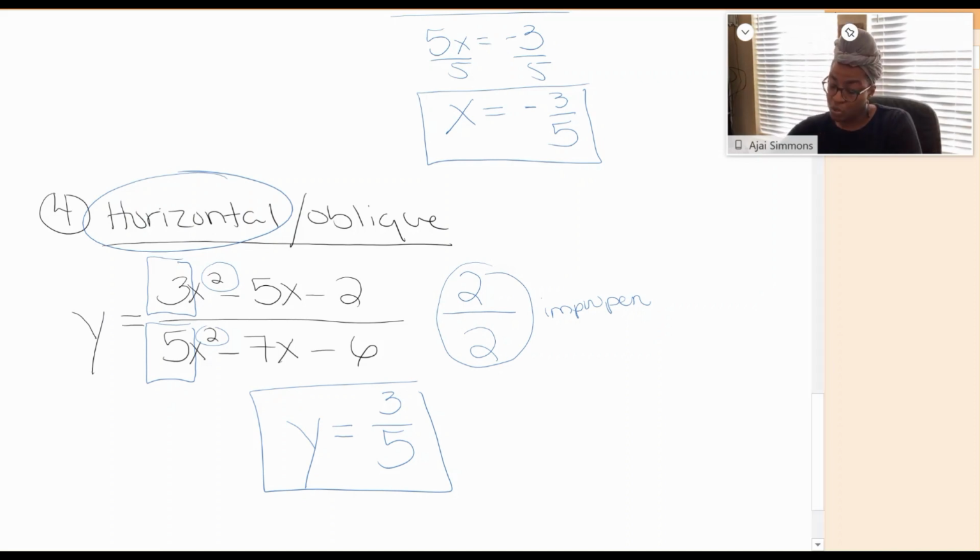Now I want to do a couple more problems where I'm just finding the asymptotes, because I want to show you the variety real quick. So I saw this problem in my homework, so I know it's in your homework.